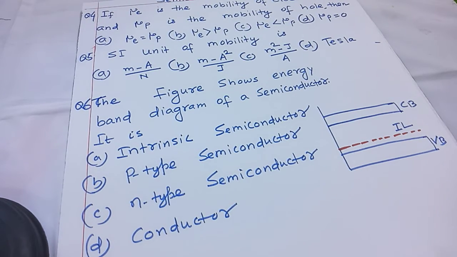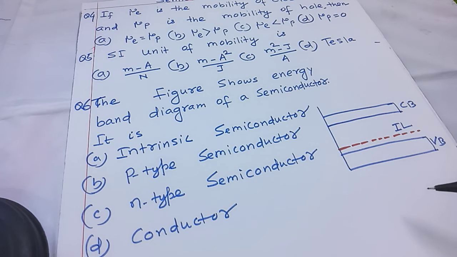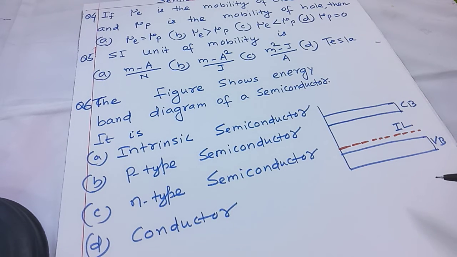Why? The figure shows IL, that is, the impurity level. If an impurity level is formed near the valence band, then it is a P-type semiconductor.